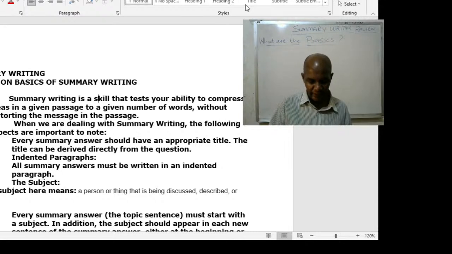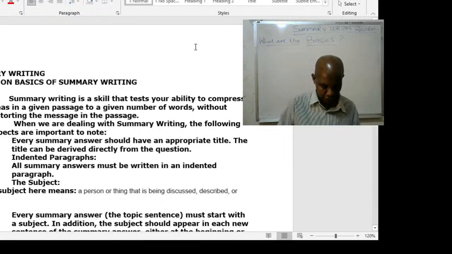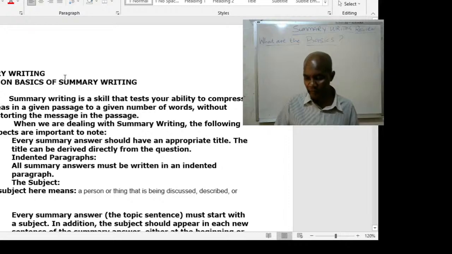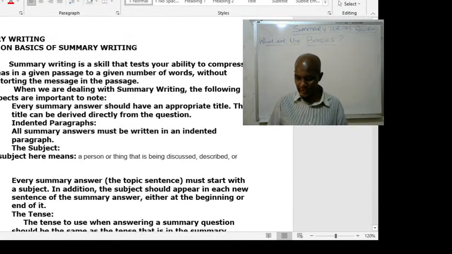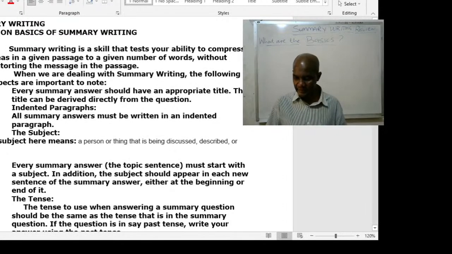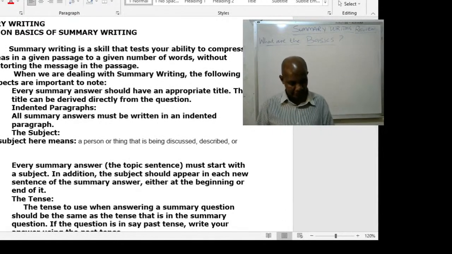Those words are given to us by the question. And when we are compressing or reducing, we don't reduce anyhow, but the message must be kept intact. In other words, we should not distort the message. So these are the things we need to note.